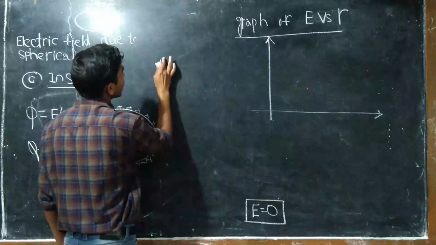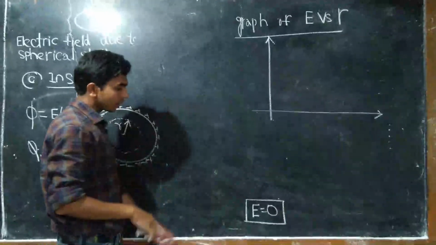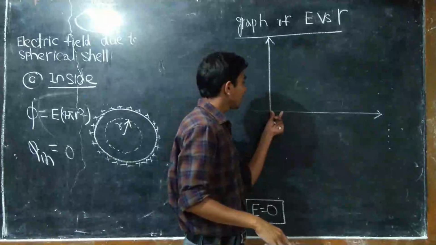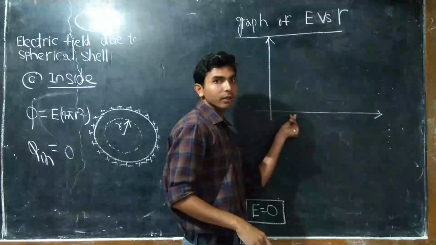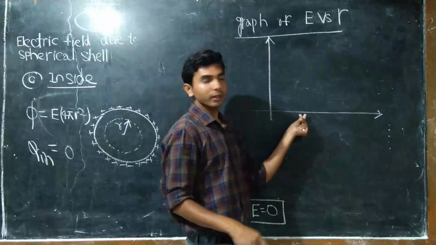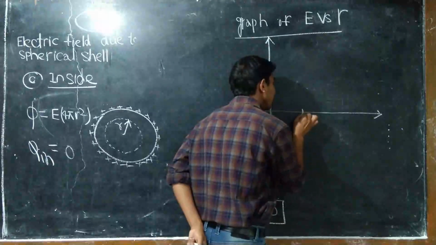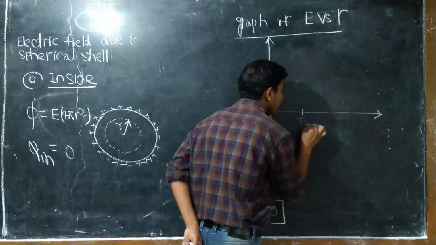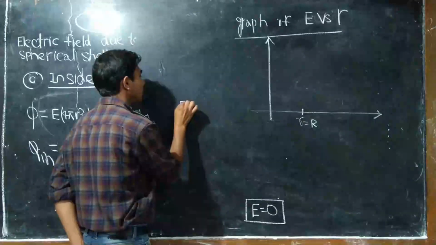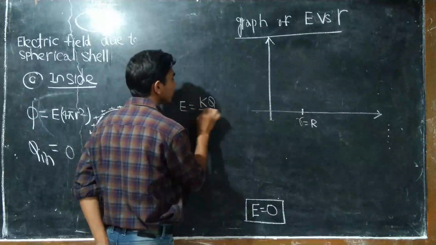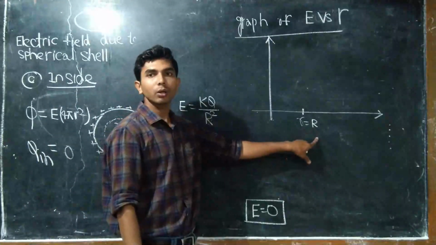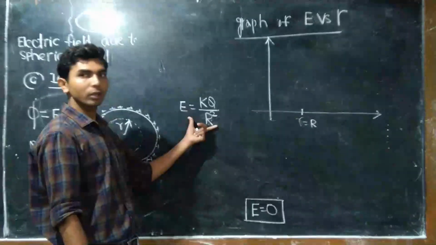As you know, inside there will be no electric field, so as we move in this direction, electric field is 0. At R equals capital R, electric field becomes E is equal to KQ by R square.